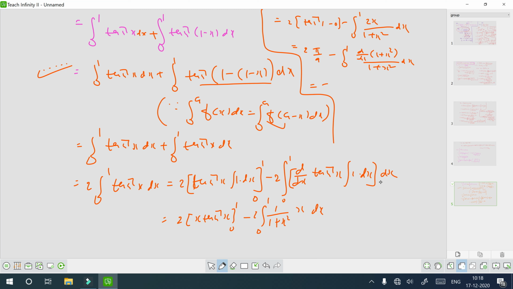That is equal to pi by 2 minus log mod 1 plus x square, whole limit 0 to 1, that is equal to pi by 2 minus log 2 base e minus log 1 base e, and that is equal to pi by 2 minus log 2. Clear? This, pi by 2 minus log 2 base e, is the answer.